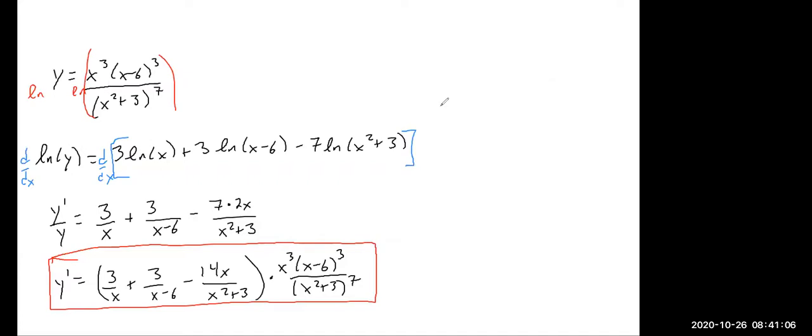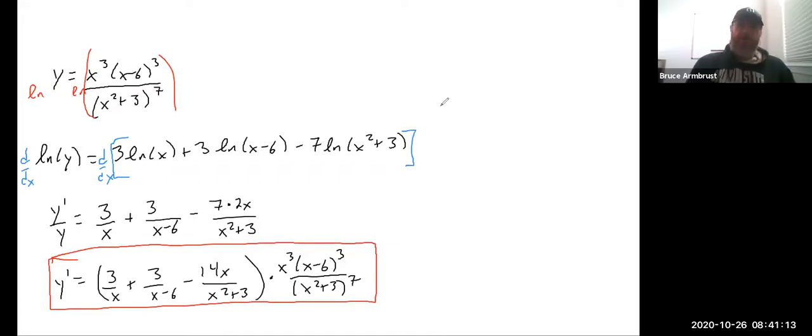In general, like for the computer, is it expecting it to be in that format? I have no idea what the computer expects. Let's see if the computer likes this as an answer.